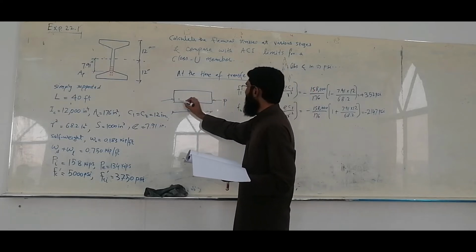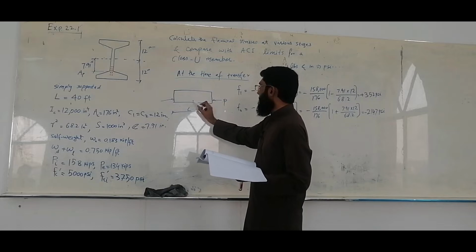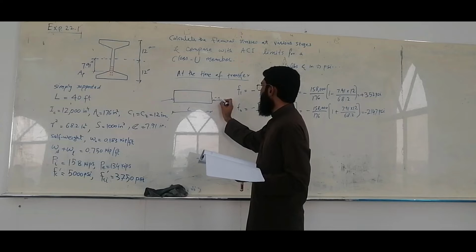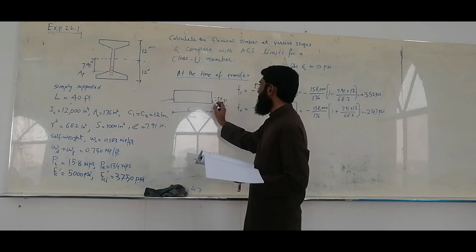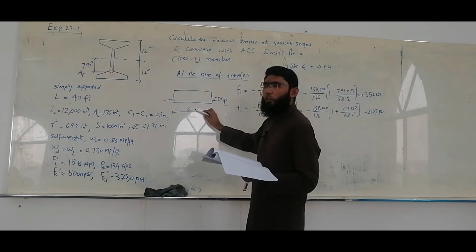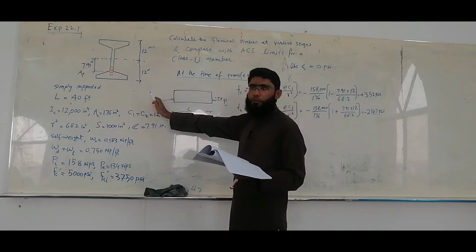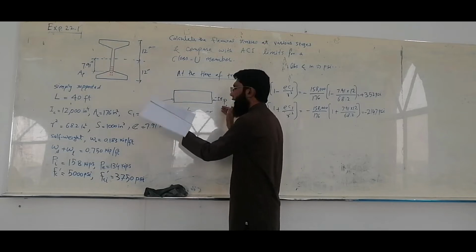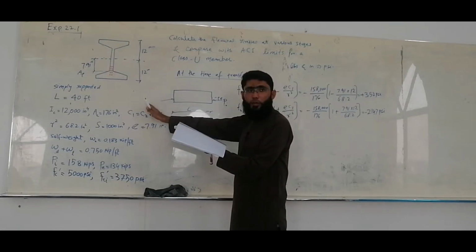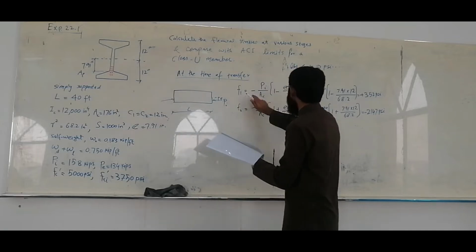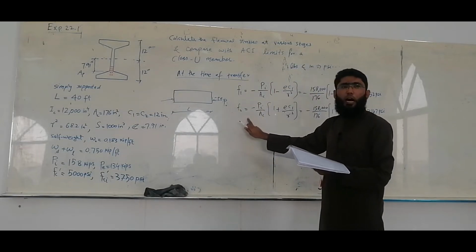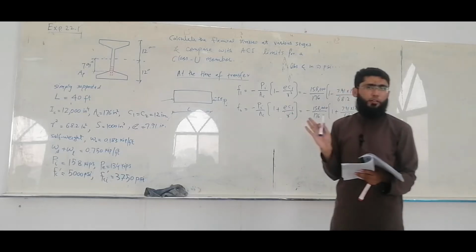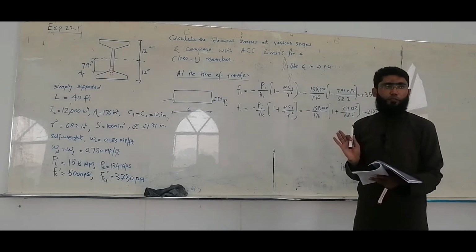At this stage, under the action of this P load only, Pi in fact, at eccentricity E, we have the stresses at the top and bottom which are constant over the length of the member. The compressive force is constant over the length, and the associated hogging moment due to eccentricity is also constant over the length. So this top stress and the bottom stress are true for both the midspan and the ends, as far as the action of pre-stressing force is concerned.